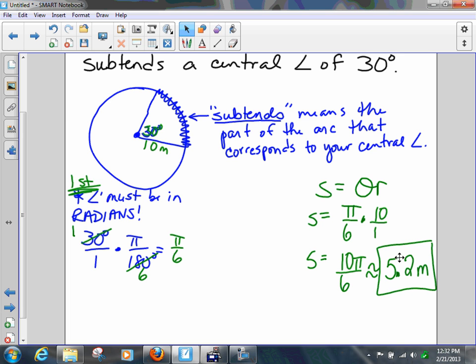We're going to do a problem in a little bit where you're going to be given the arc length, you're going to be given the radius, and it's going to say, find the measure of the angle. When we crunch numbers, solve the equation, and get theta equal to something, is that angle theta going to be in terms of radians or degrees?